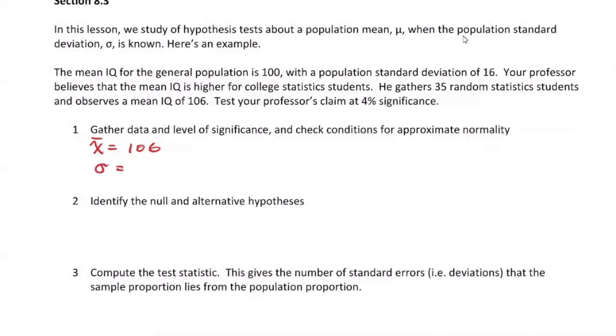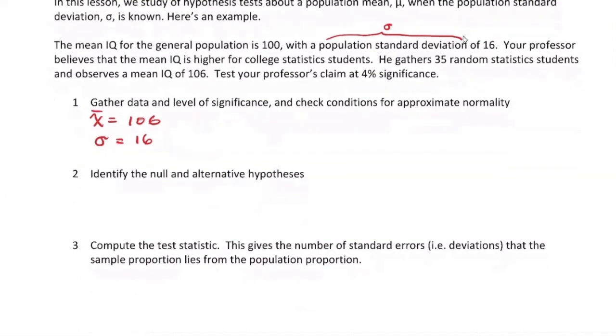Well, for IQ scores, I think they scale them so the standard deviation is known. It's a long story, but standard deviation is 16. And that's a population standard deviation, sigma. Remember, if you don't know sigma, it becomes a t distribution. The sample size was 35 students.